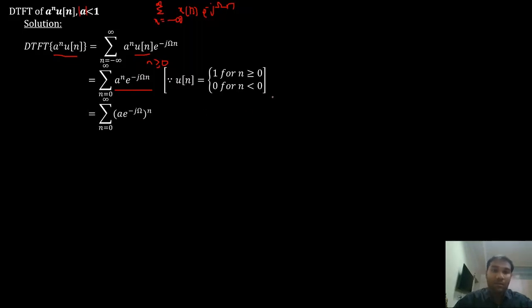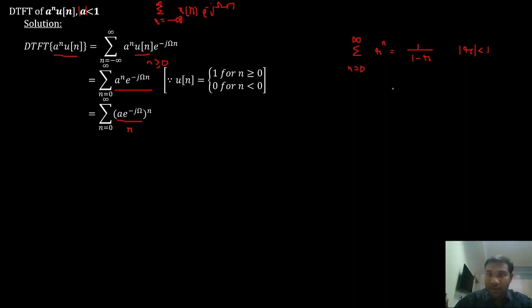Now we have a formula: summation n equals 0 to infinity r power n is nothing but 1 by 1 minus r, provided modulus r is less than 1. That is the formula. Now here r is nothing but a into e power minus j omega.